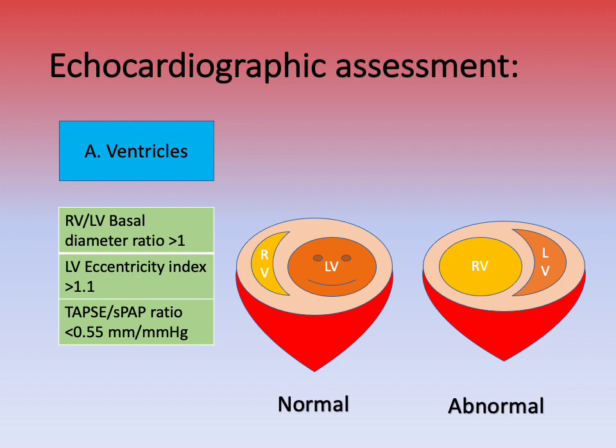There is flattening of the interventricular septum. This leads to a D-shaped left ventricle, and as a result the LV eccentricity index is more than 1.1. TAPSE to systolic pulmonary artery pressure ratio less than 0.55.